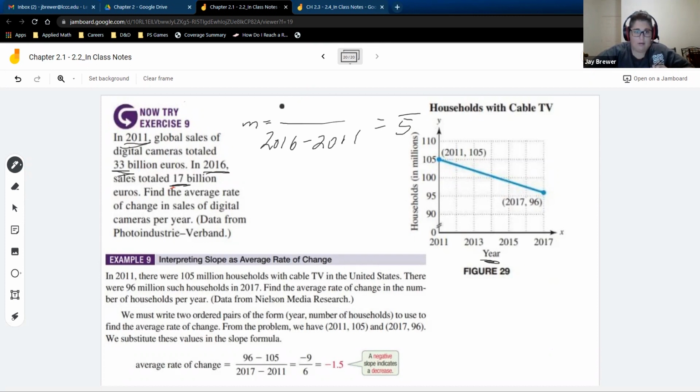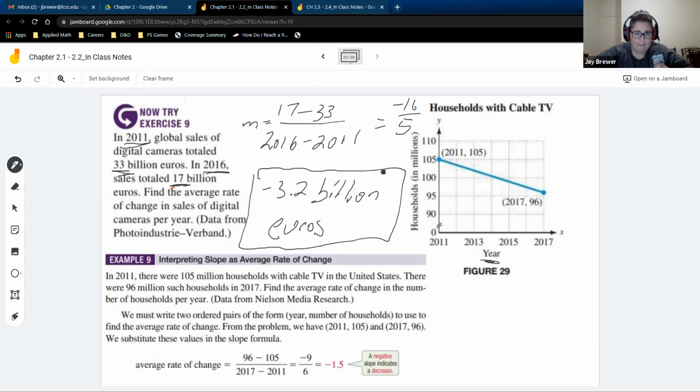And then 17 minus 33 will give you negative 16 on top. So that's going to give you negative 3.2 billion euros. I guess technically per year.